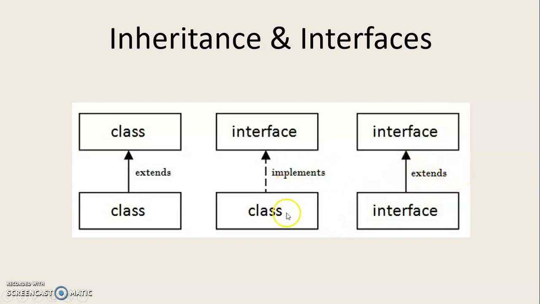But if a class is inheriting from an interface, you have to use the keyword implements, because this class is going to implement all the abstract methods defined inside the interface. So class to class inheritance uses extends, interface to interface inheritance also uses extends, but class to interface inheritance uses the keyword implements.